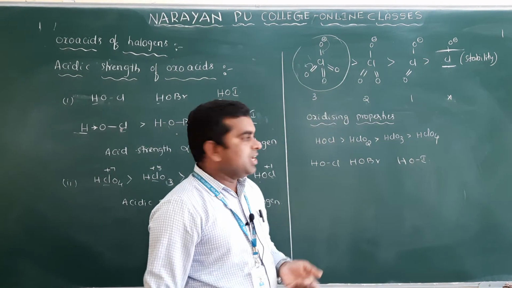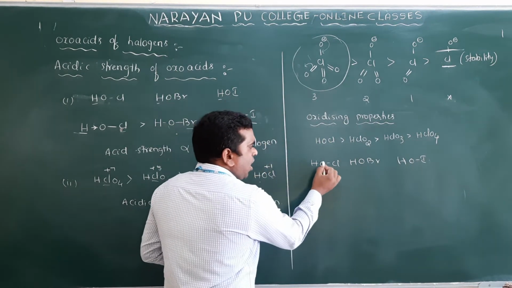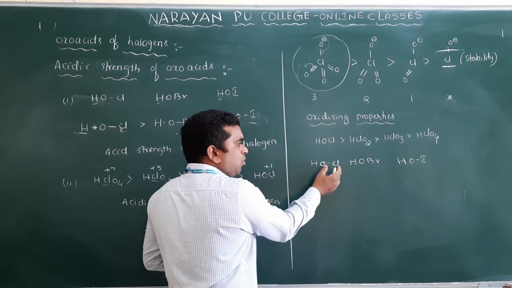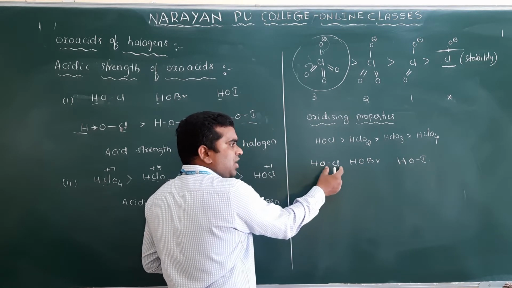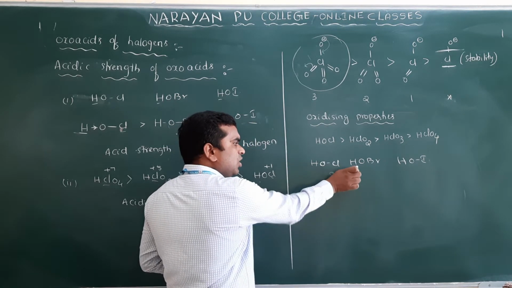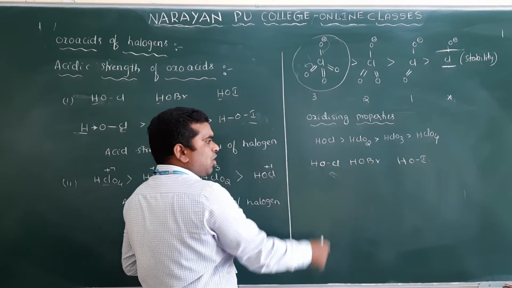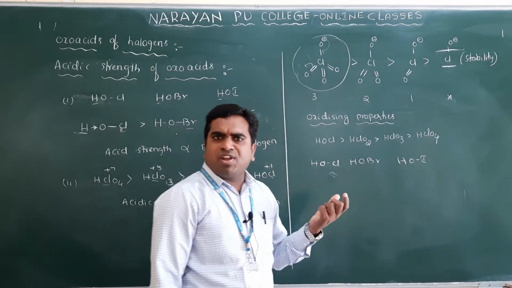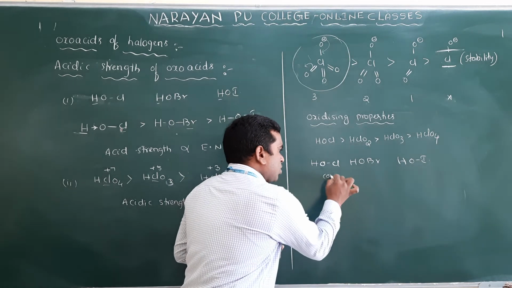So if you see here, oxygen and chlorine have almost zero electronegativity difference. It means the difference between the electronegativity of oxygen and chlorine is very small. So that's why it is a strong covalent bond.